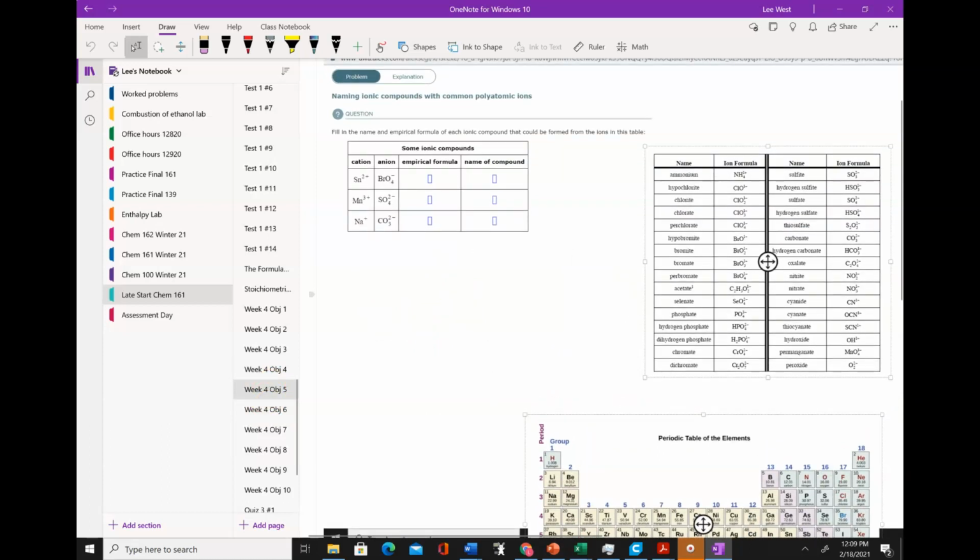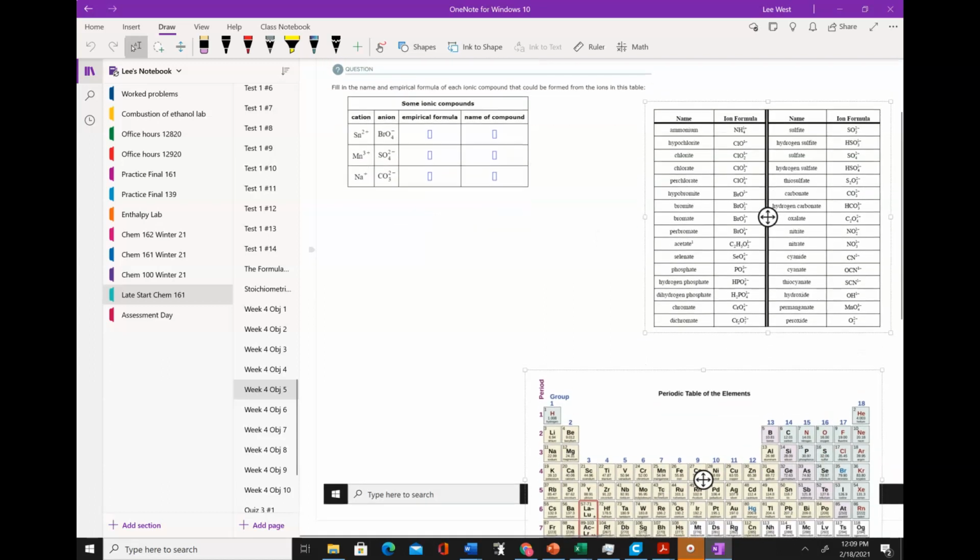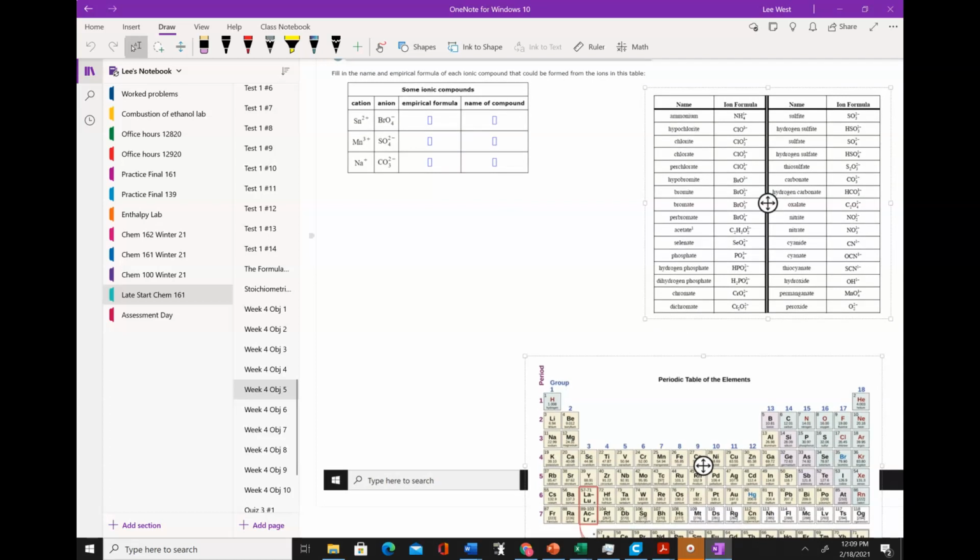Alright, fill in the name and empirical formula of each ionic compound that could be formed from the ions in the table. So we got a bunch of cations, and what I'm looking for here is what are going to be variable charged and what are going to be fixed charged. Now the sodium is in group 1A, so it's fixed charged.